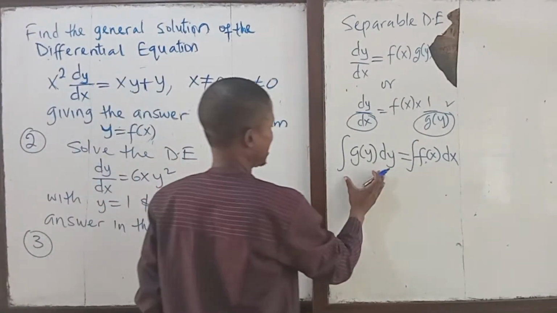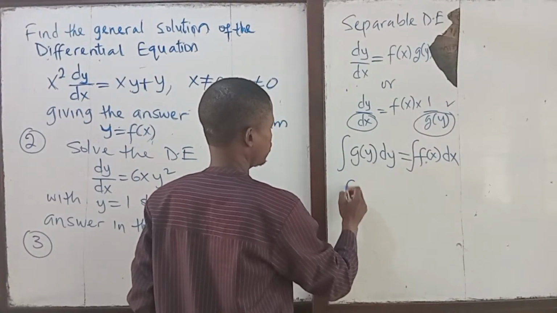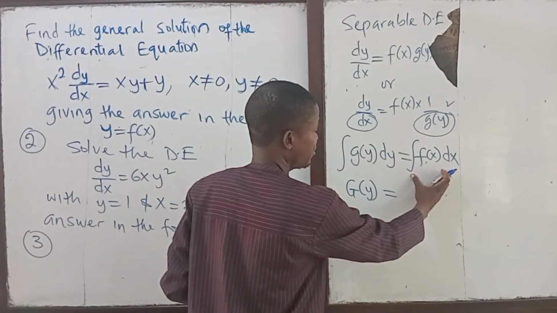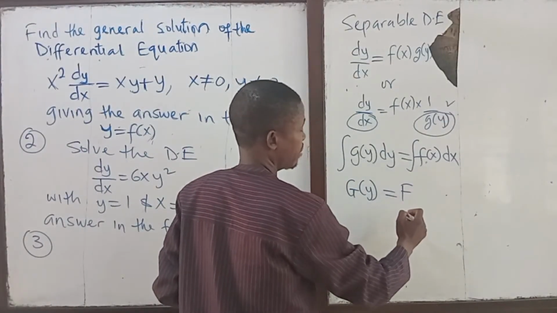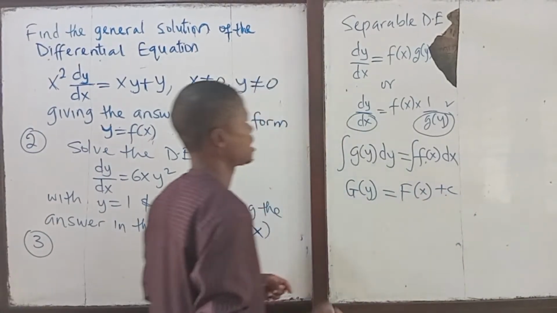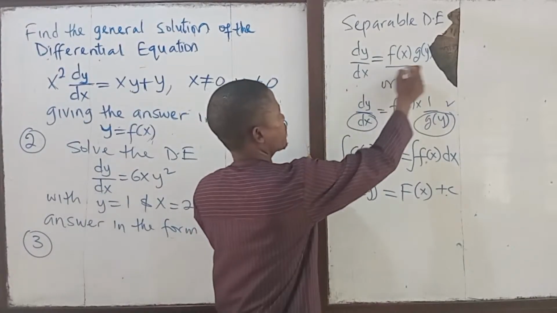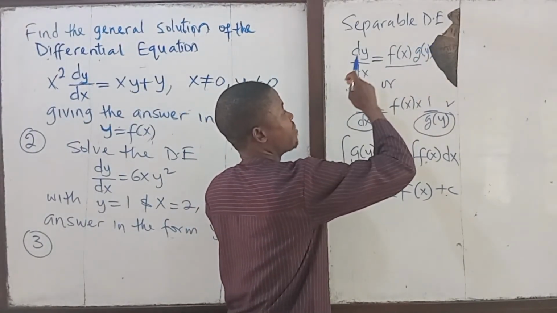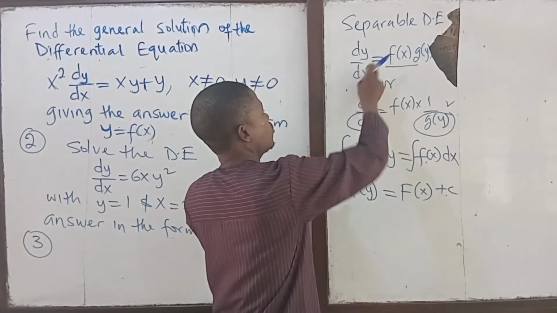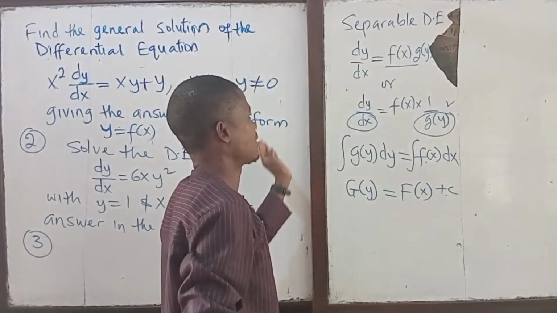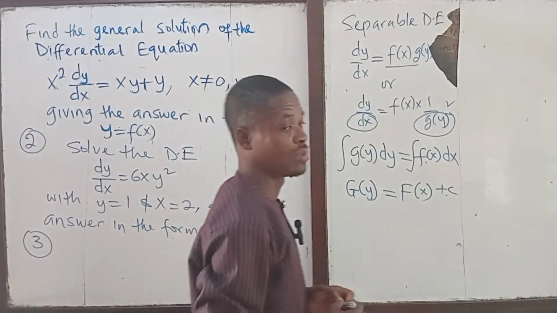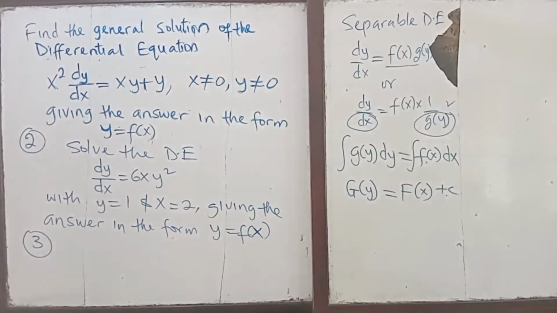If you do that, we have G of y equal to F of x plus c, where capital F is the integral of f. If you're having the other form, you just have to divide both sides by g of y so that g of y can leave this place and come here, and multiply both sides by dx.